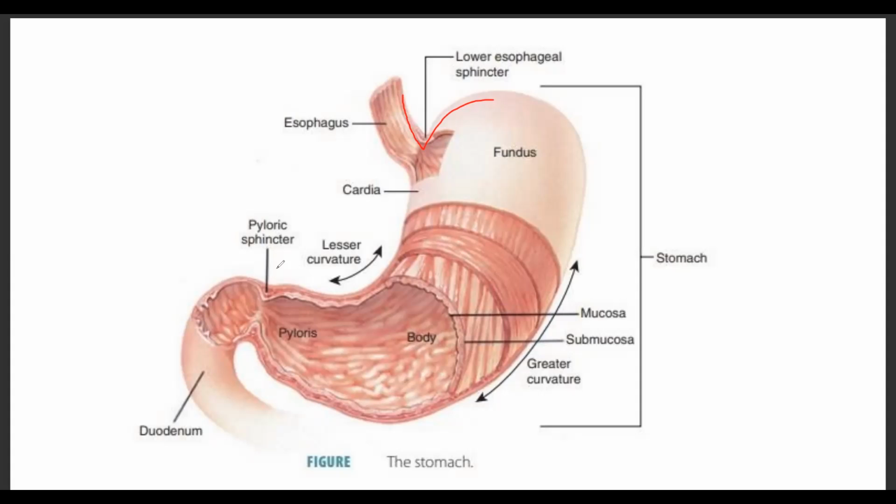Okay, next point: gastric glands contain 3 types of cells: mucous cells, chief cells, and parietal cells.